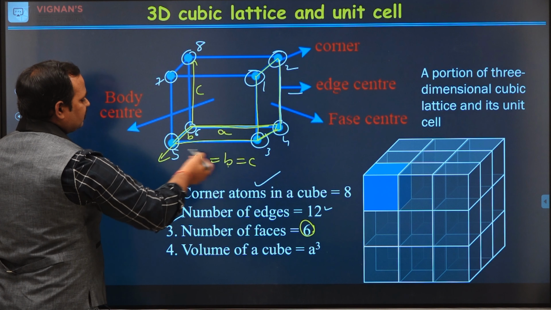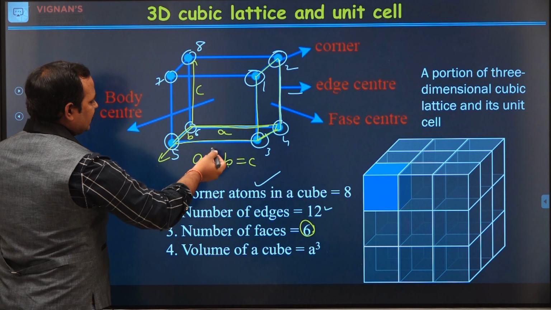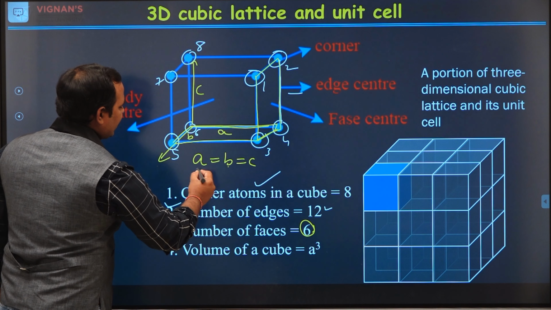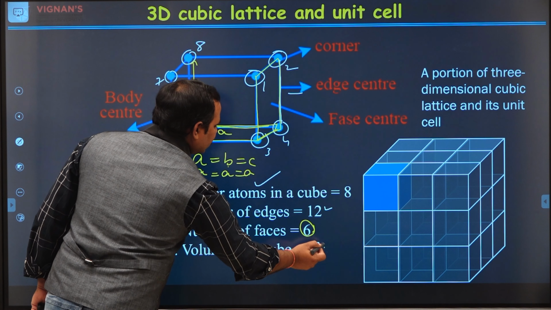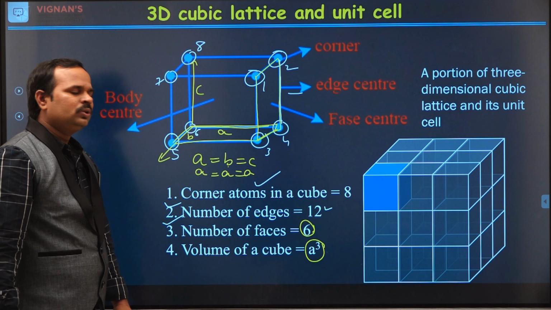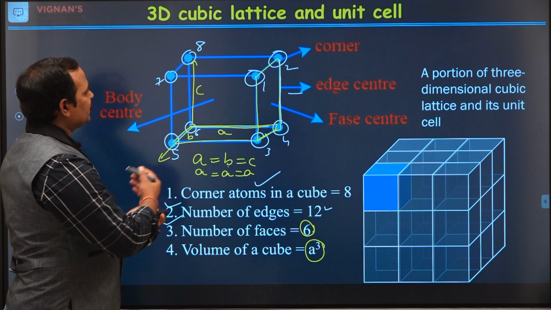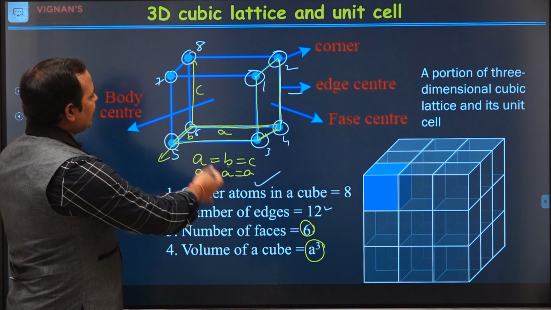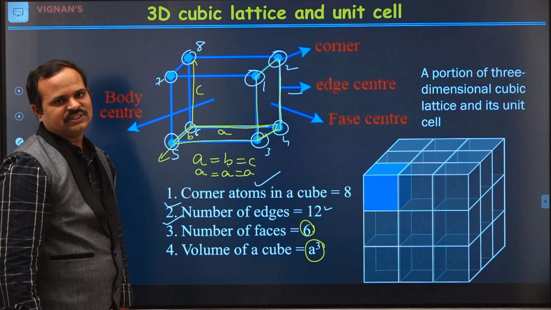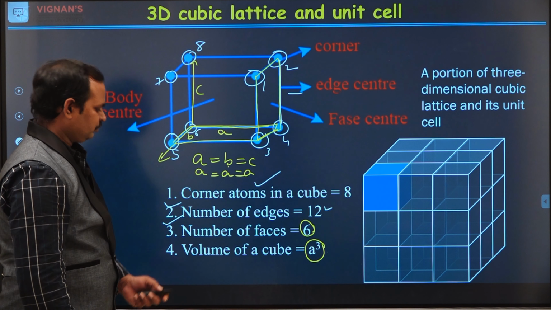So the volume of this unit cell is a times a times a, which is a cube. So the volume of the unit cell is a cubed. These are the characteristics of the unit cell or the cube.